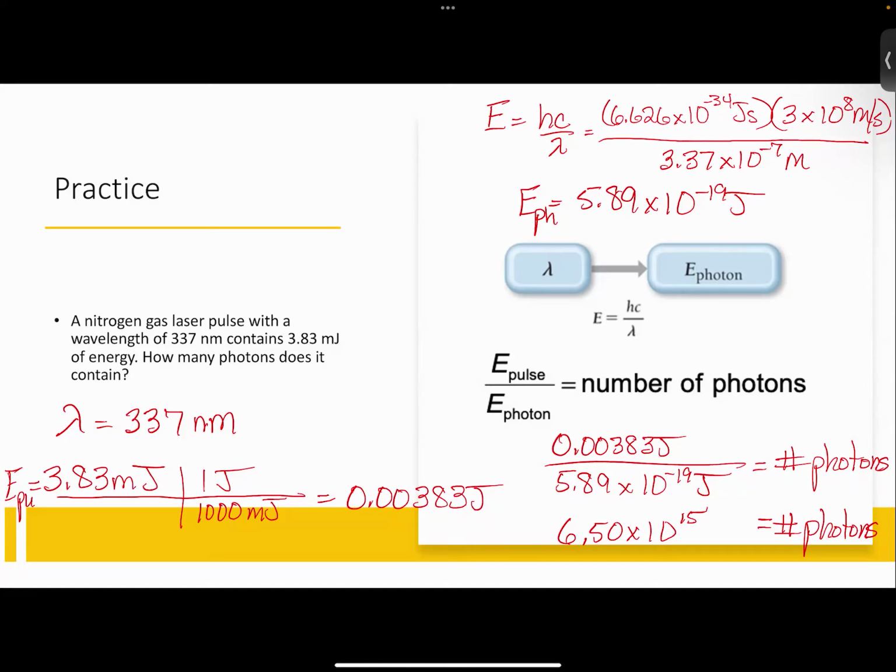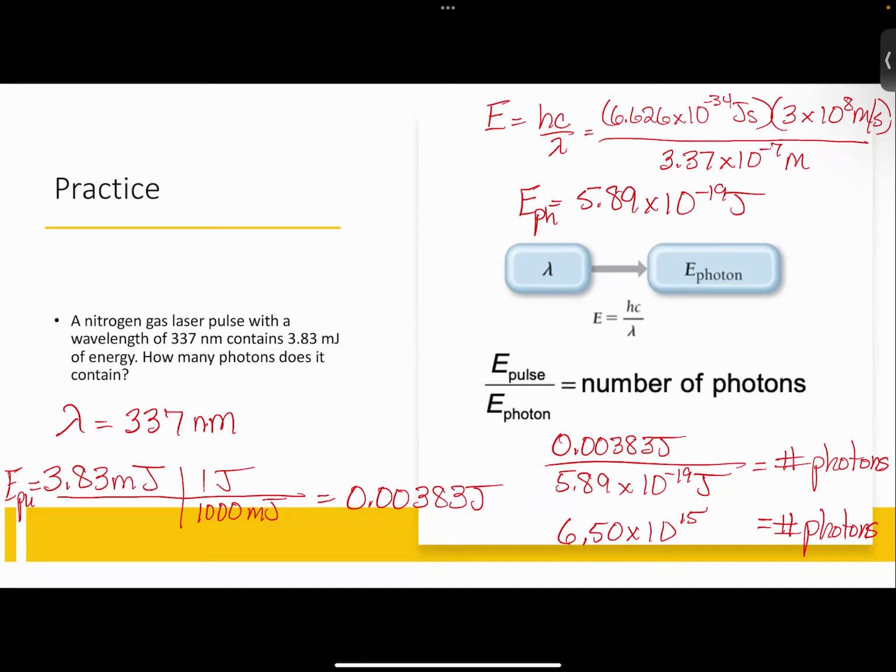So again, a nitrogen gas laser pulse has a wavelength of 337 nanometers and it contains 3.83 millijoules. So we knew the wavelength, we knew the energy of the pulse. How many photons does it contain? To get to the photons, we had to take the energy of the pulse and divide it by the energy of a photon.